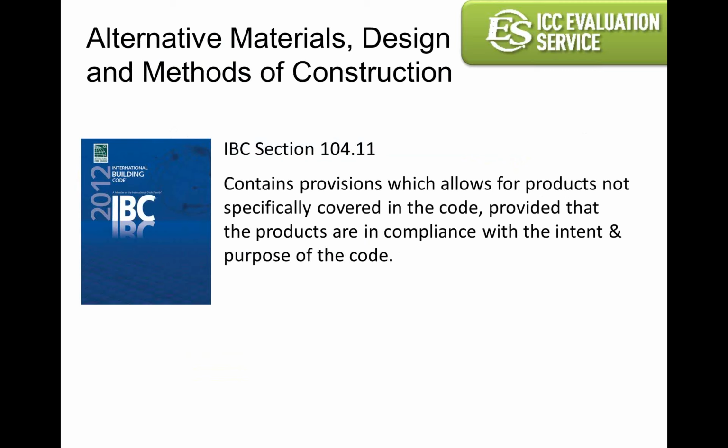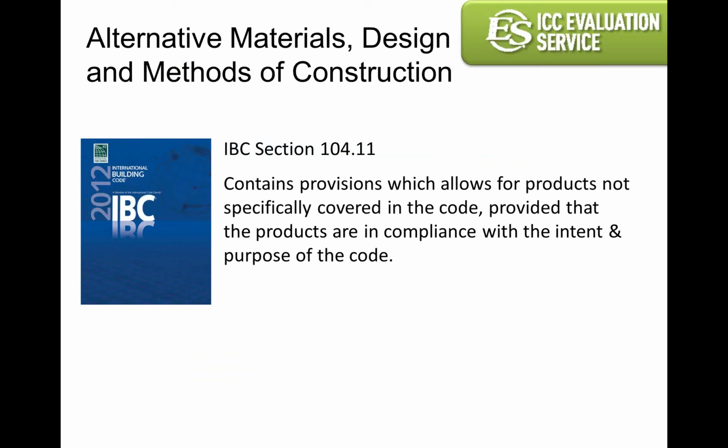What happens here is, again, we're talking about that innovative product that comes in, and somebody wants to be able to show they meet the code. Well, this section allows these products to be approved by the building official, where it doesn't have to be specifically mentioned in the code.